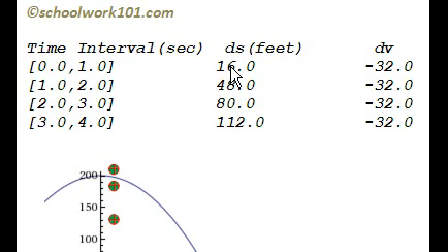Well, as the object is falling, its velocity is increasing. And of course, the acceleration, or the difference in velocity, is staying constant.